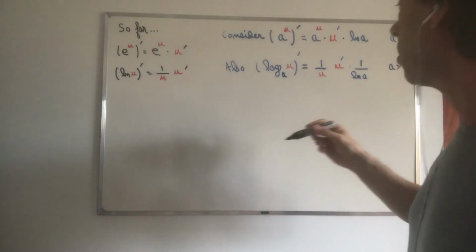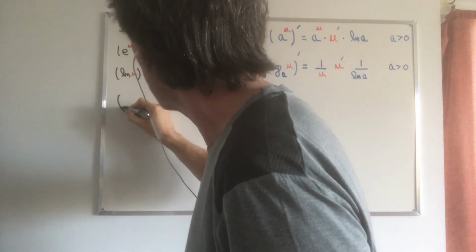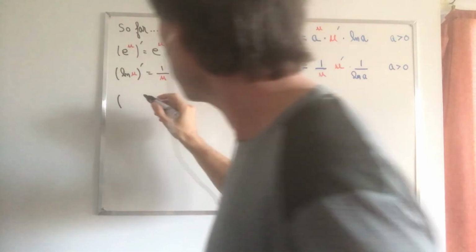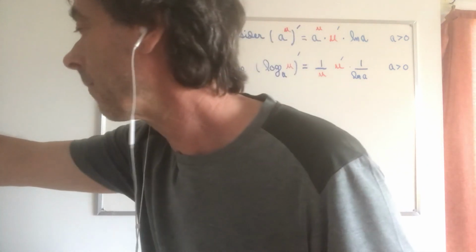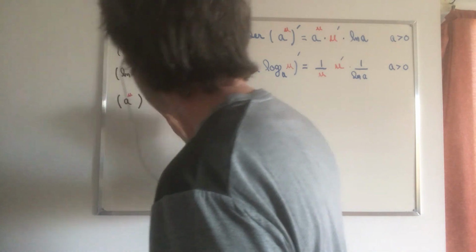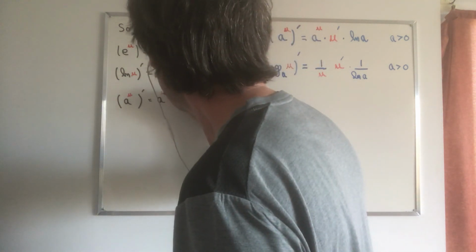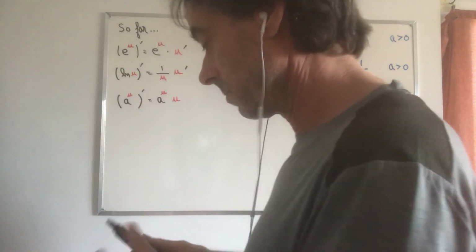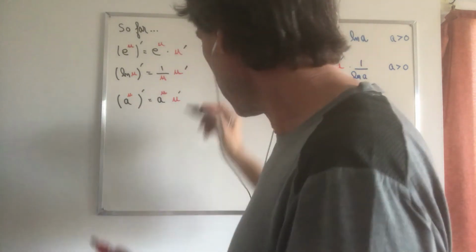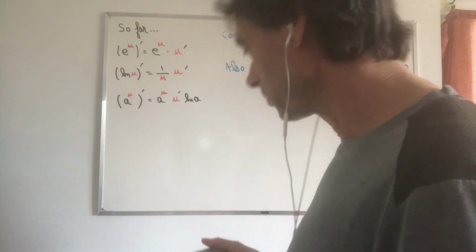All right, so brand new rules. Let's put them here so I can get rid of that. We'll have a nice little summary here. So a to the u, prime, is going to be a to the u times u prime. And that little extra part, because it's not e, it's a, I need to multiply this with ln a.